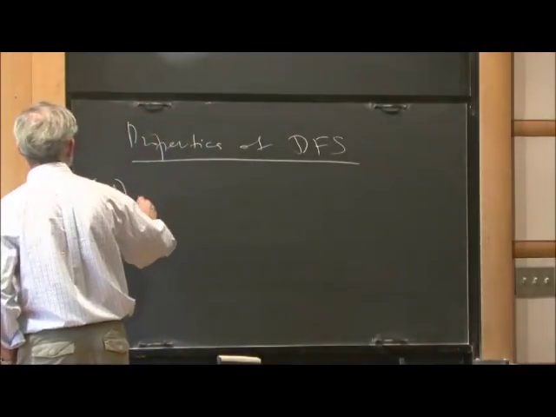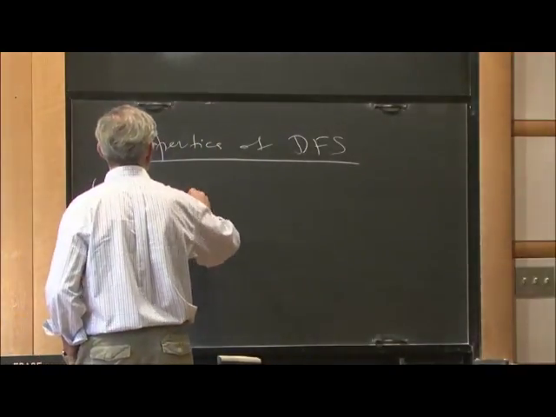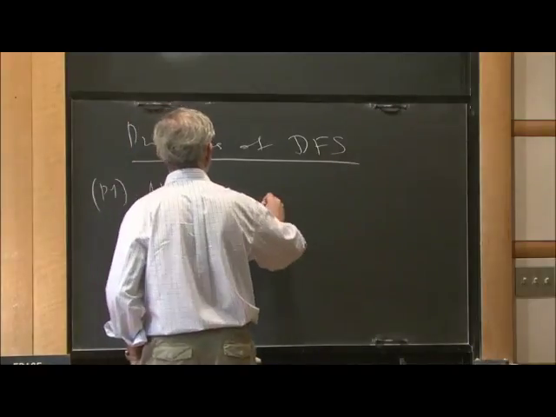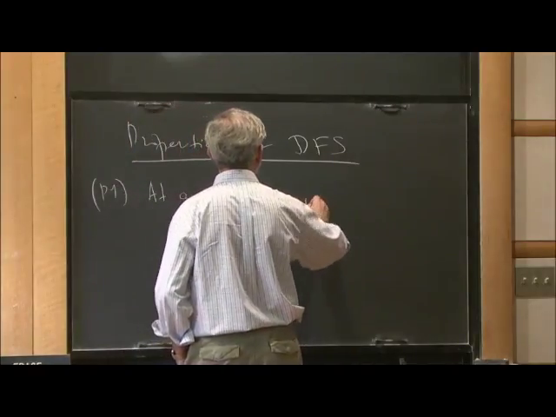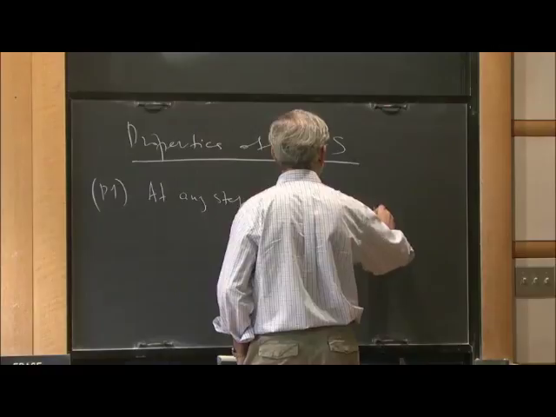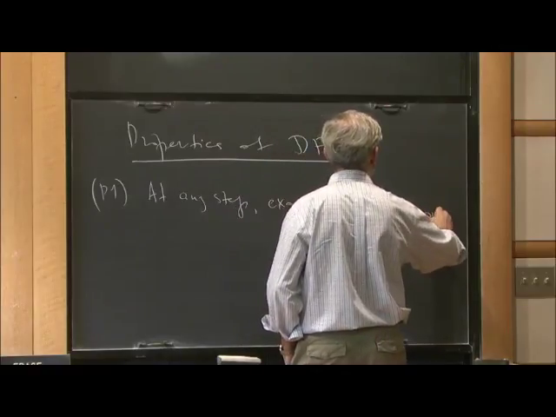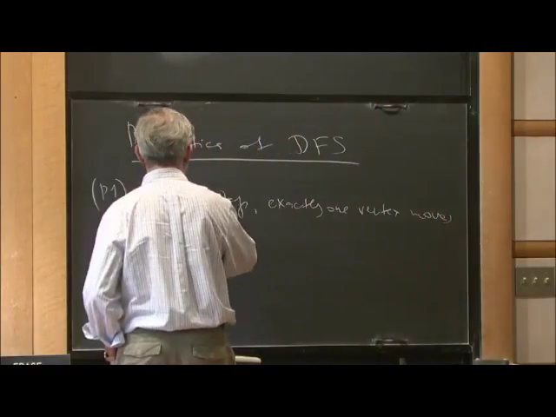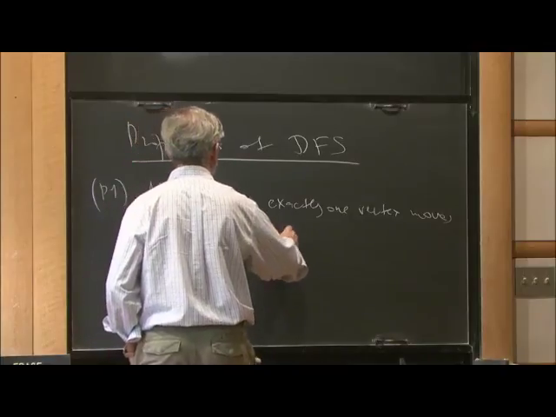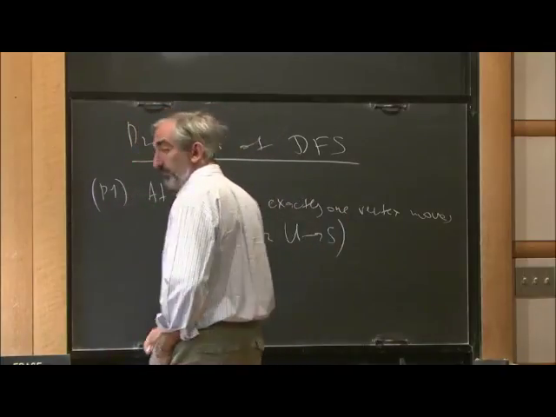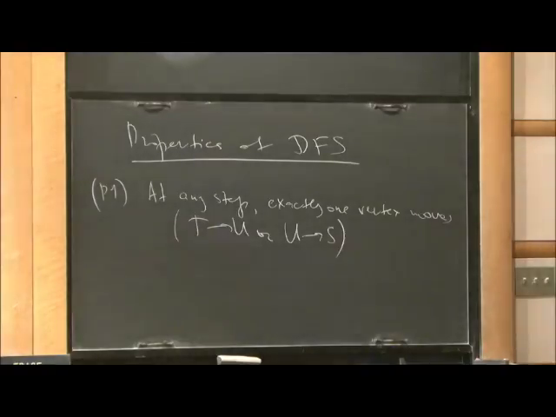Property 1 is that at any step exactly one vertex moves, and moves either from C to U or from U to S. Which will be quite convenient for us. For example, if you need a moment when there are exactly 17 vertices in S, there will be such a moment. So if you need a moment when the size of S is equal exactly to the size of T, there will be such a moment.